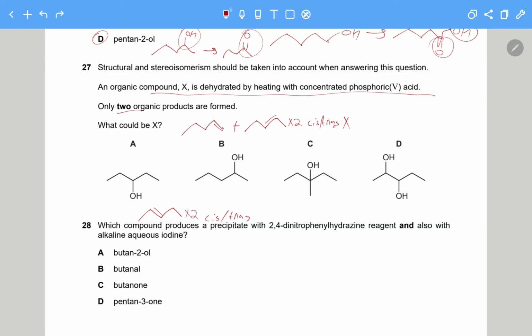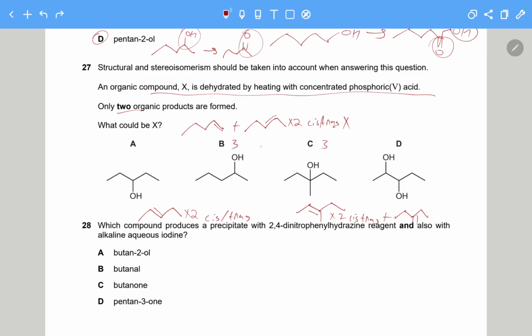And option C, we have this one, and this will be 2 because cis and trans, and we'll also have this one. So we have 3 again for this one.